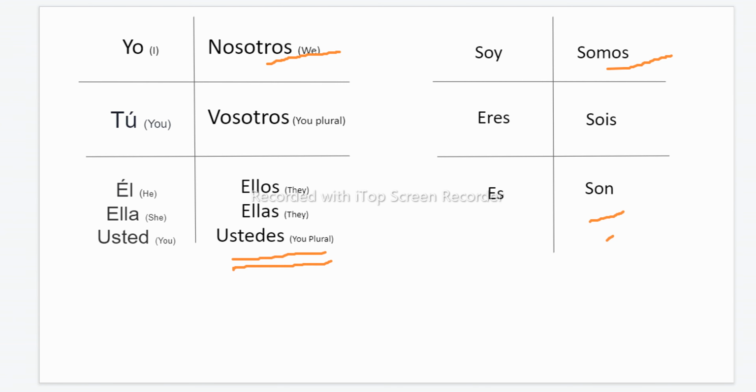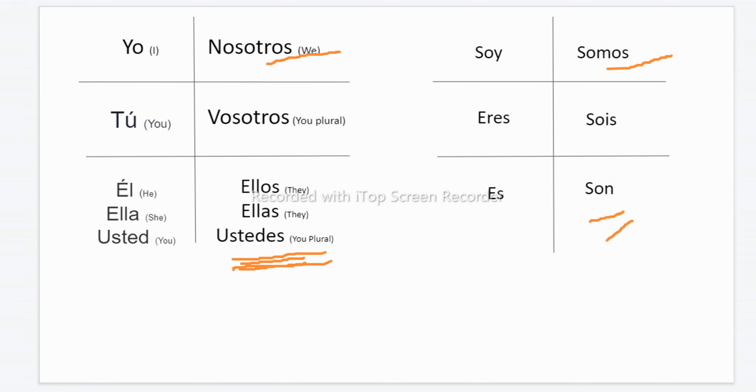This is a formal way to address a group of people. Suppose there is a group of people and you are addressing them, you all are, ustedes son.